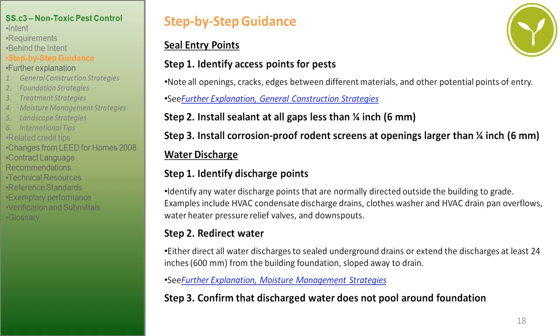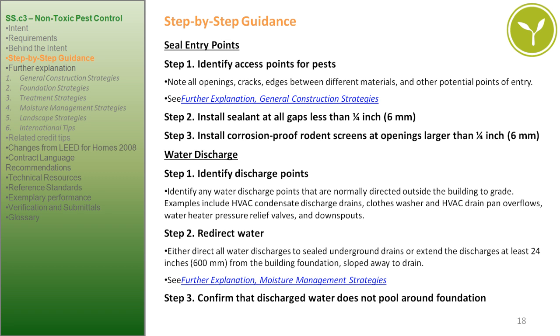Water discharge. Step 1. Identify discharge points. Identify any water discharge points that are normally directed outside the building to grade. Examples include HVAC condensate discharge drains, clothes washers, HVAC drain pan overflows, water heater pressure relief valves, and downspouts. Step 2.